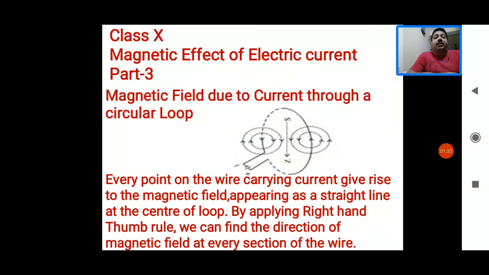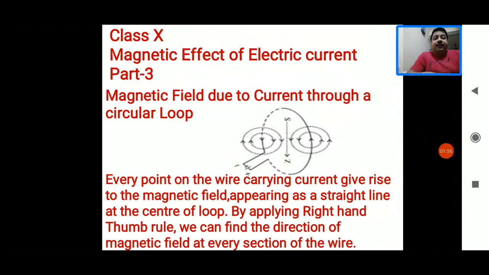And the second one is the distance of the magnetic compass from the straight current carrying conductor. So in the second case B is proportional to 1 upon R, where R is the distance of the magnetic compass from the conductor.